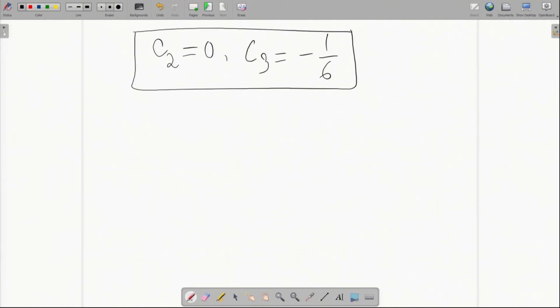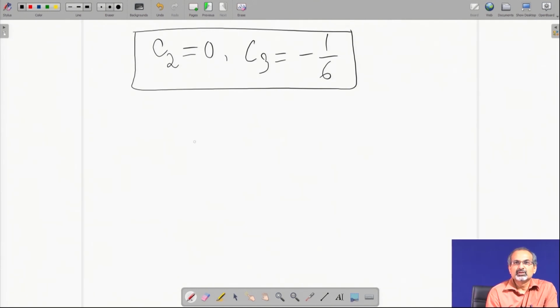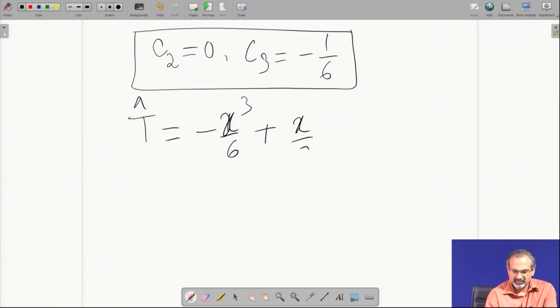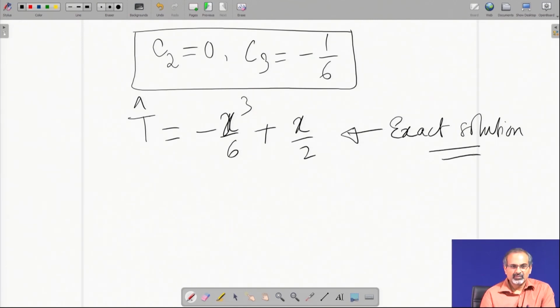So, this is what is going to come through simultaneous solution of those two linear algebraic equations, which means that the t hat comes out to be this, which is the same as the exact solution, which means the weighted residual technique that we just discussed based on Galerkin's formulation worked fairly well.